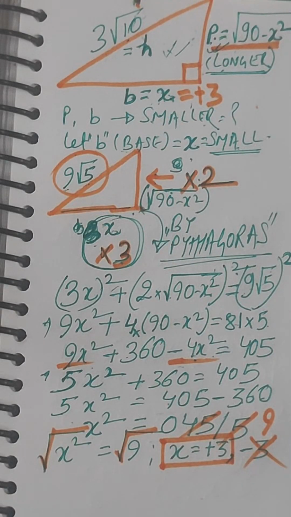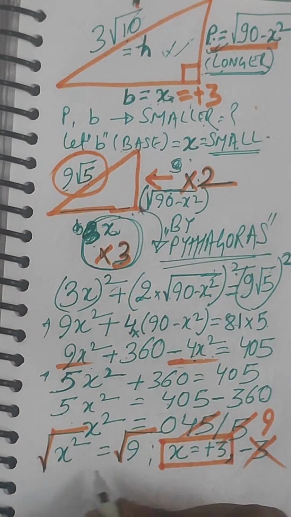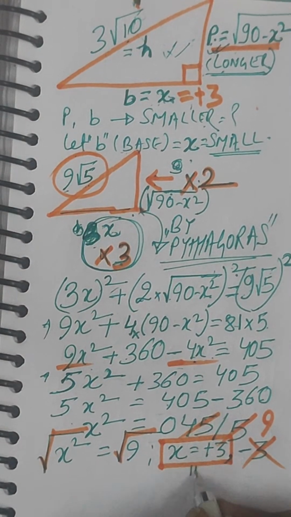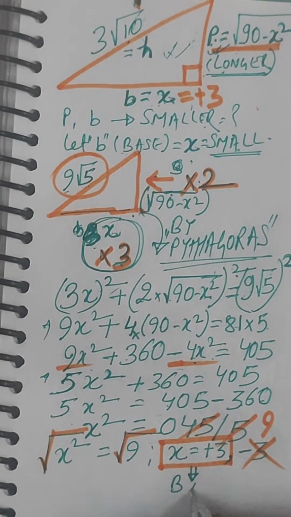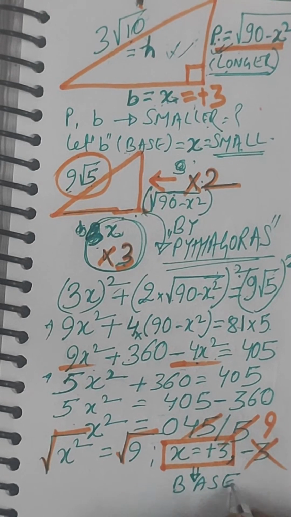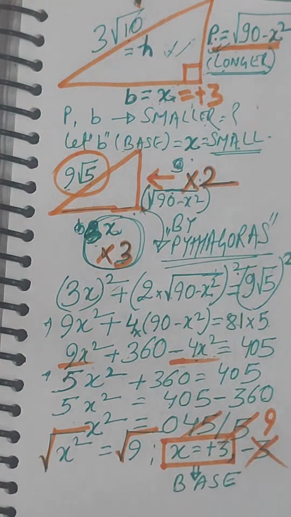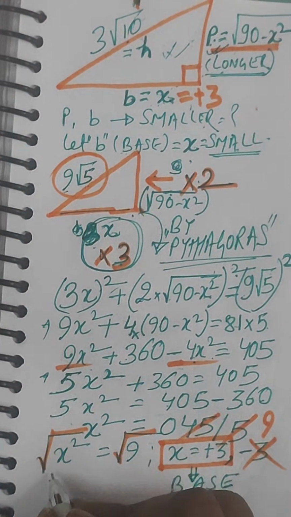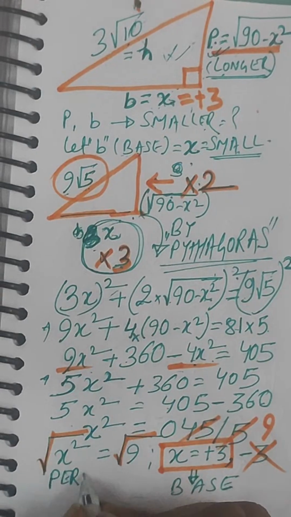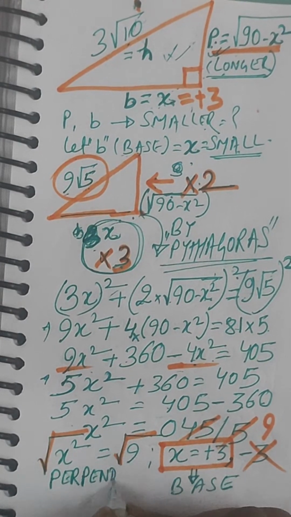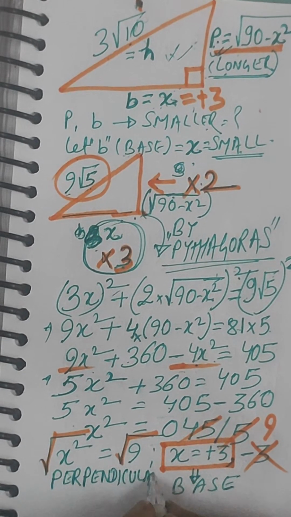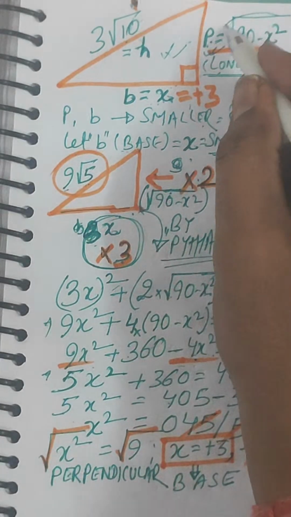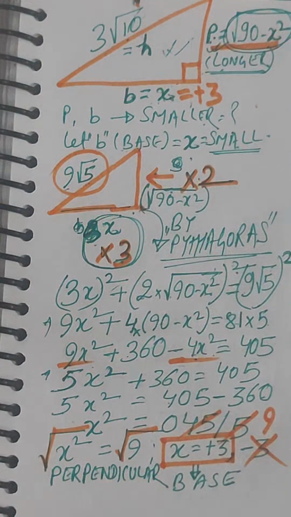Now, what is the length of the longer side? The longer side, which is equal to your perpendicular, is this one, root over 90 minus x square, right?